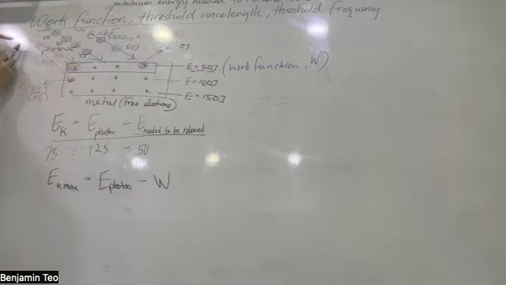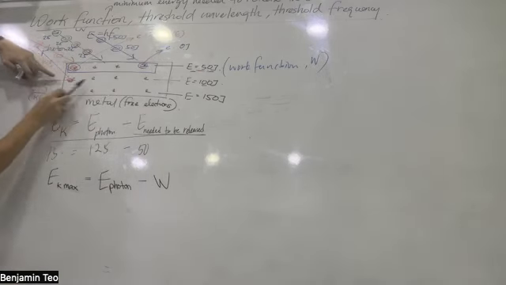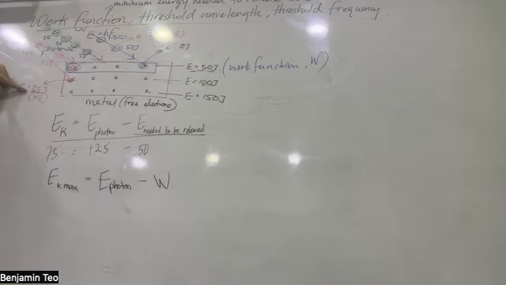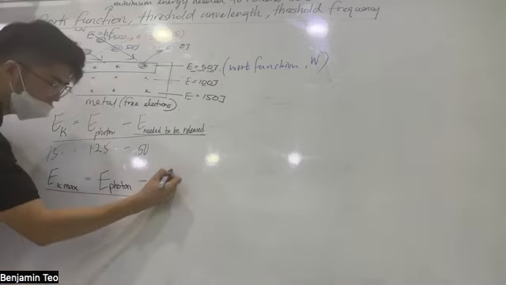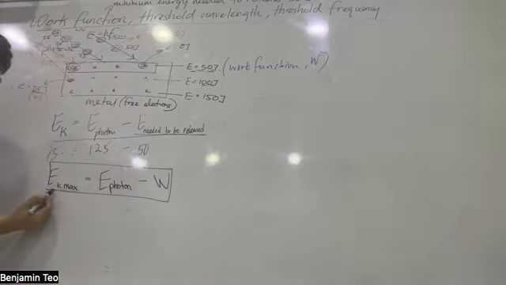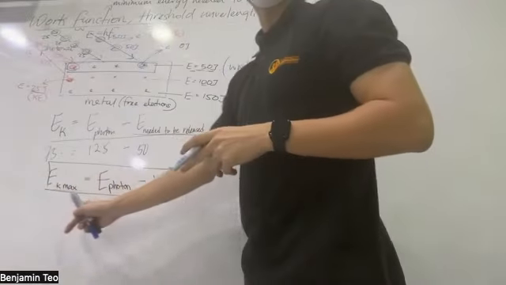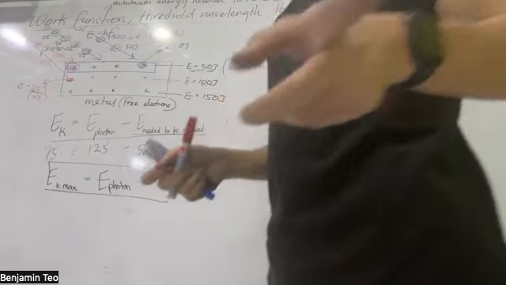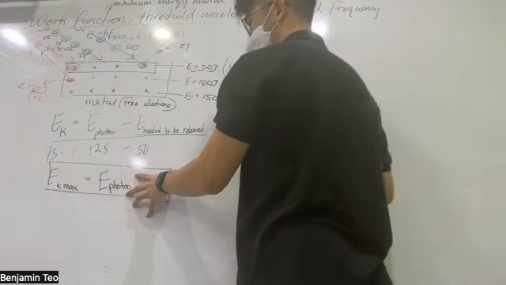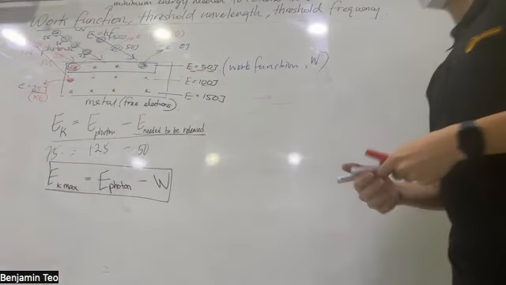If absorbed by the second layer, then only 25 kinetic energy. So your maximum kinetic energy is the first layer. That's how I get this equation: Ek max is photon energy minus your work function. You have to remember this equation because in all calculations, you use this one.